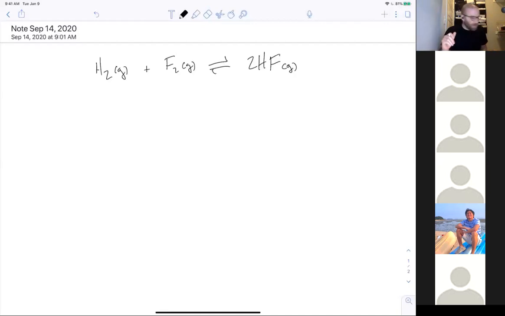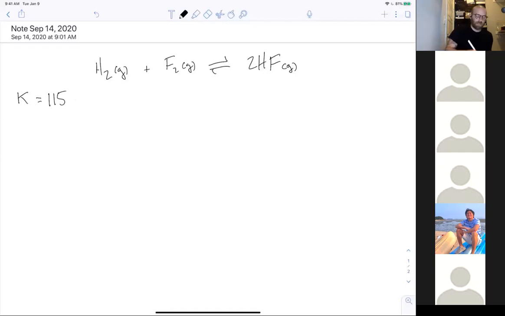Anyway, how do we solve this thing? Let's set some conditions up first. We'll say that K is equal to 1.15 times 10 to the second. We don't have to use scientific notation. So K for this reaction is right around 100. That's the equilibrium constant.